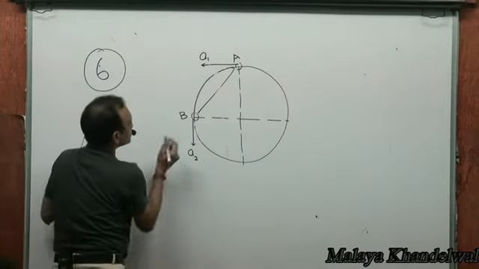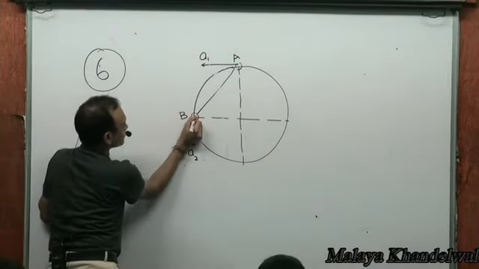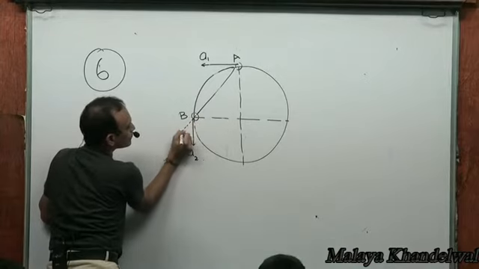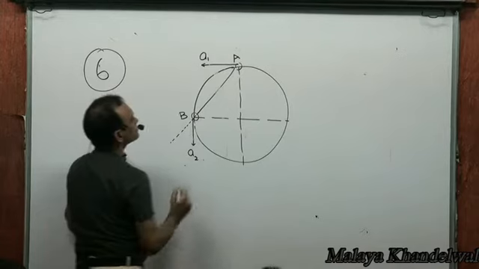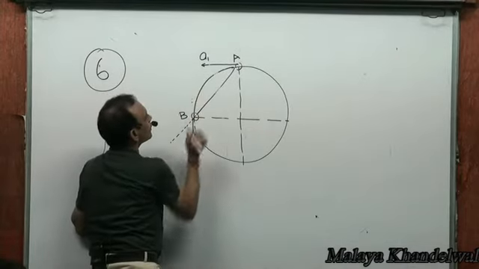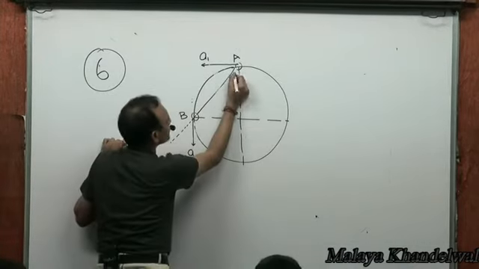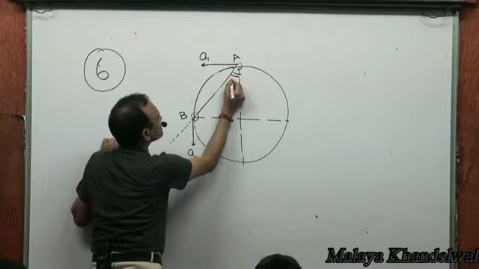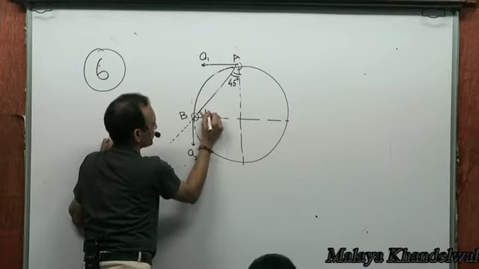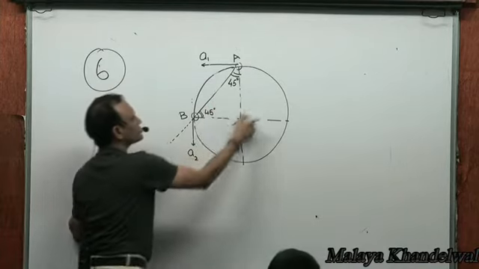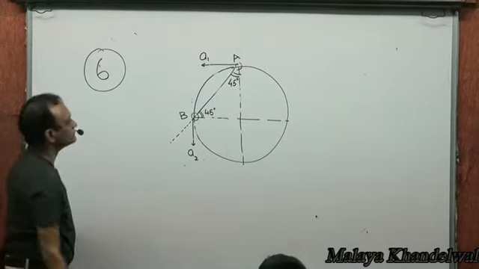Now, this is a string. And realize that this angle is 45 degrees. This angle is 45 degrees. Yes or no? It's an isosceles right angle triangle.